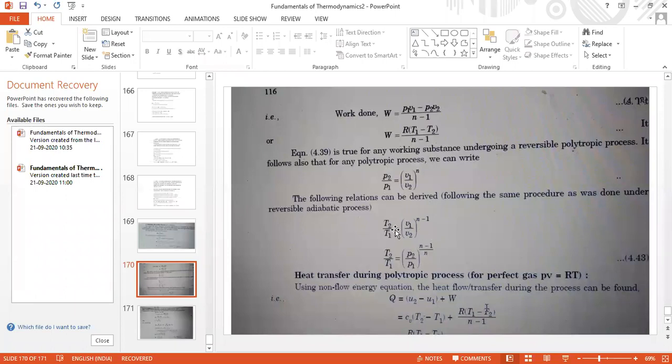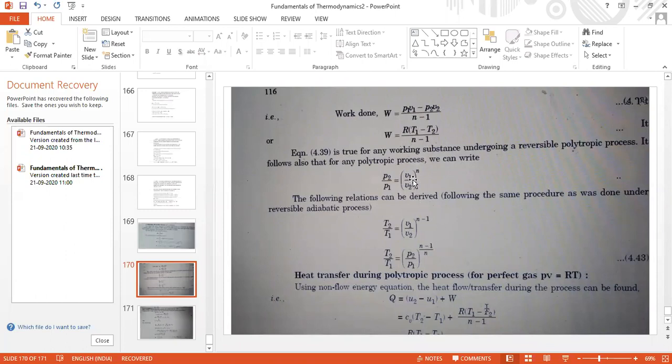I repeat, T2 by T1 equal to P2 V2 by P1 V1, first of all. That is from the perfect gas equation. So there V2 by V1 is there, and P2 by P1 is also there.